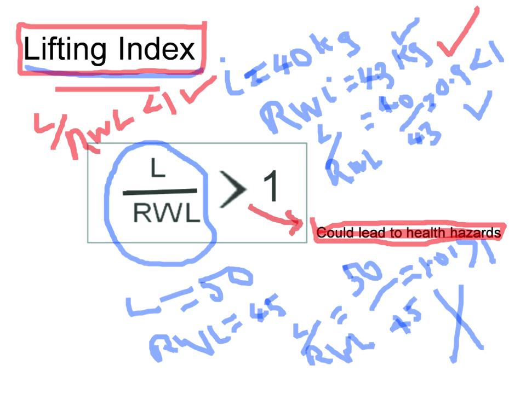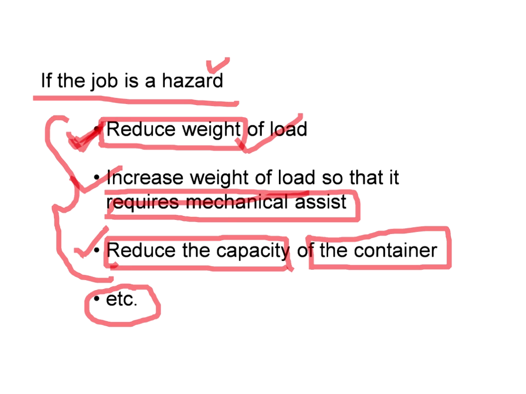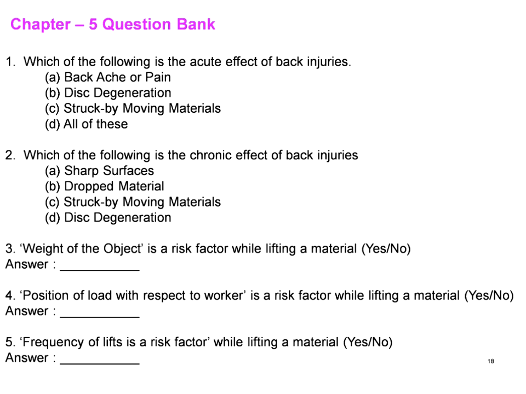And you know how to calculate the recommended weight limit. The recommended weight limit is the product of the load constant and so many factors I have shown you, the product of all those factors. Once you find the recommended weight limit, then compare it with the actual load of the product and find the lifting index.